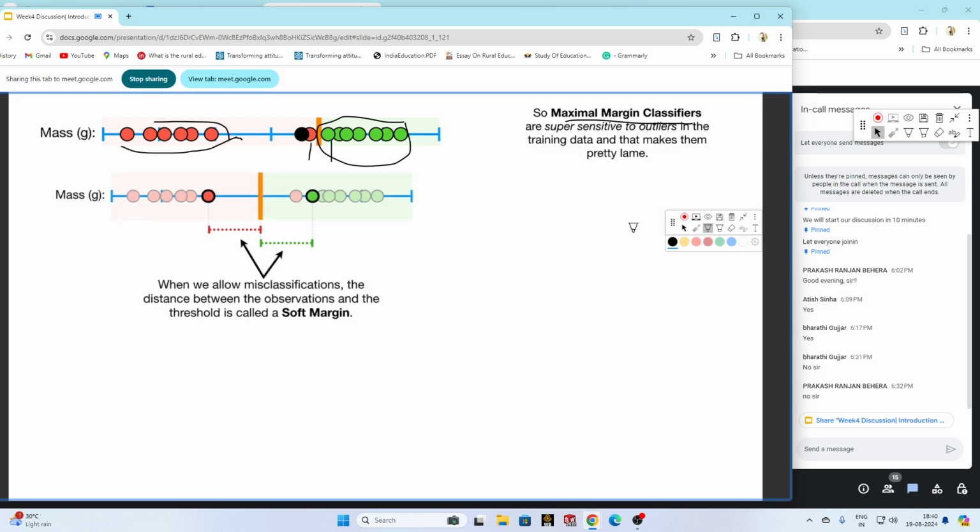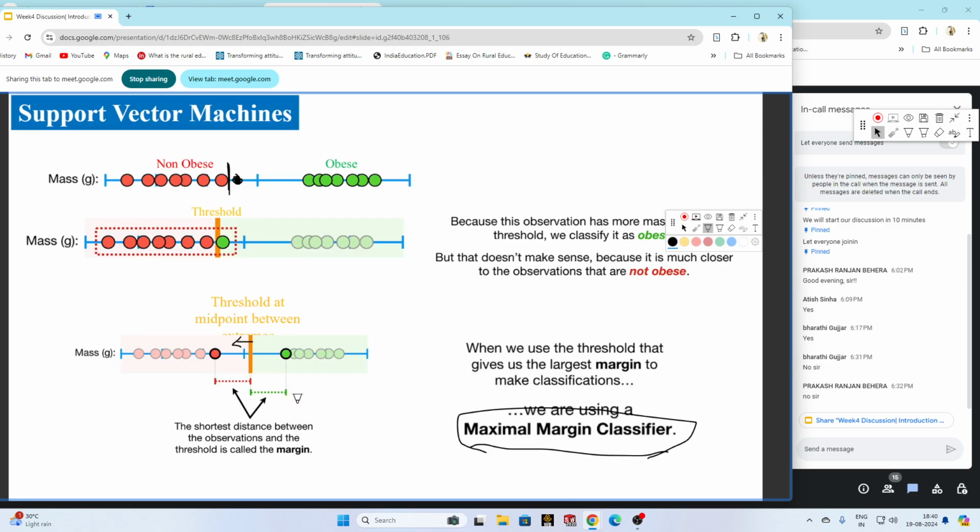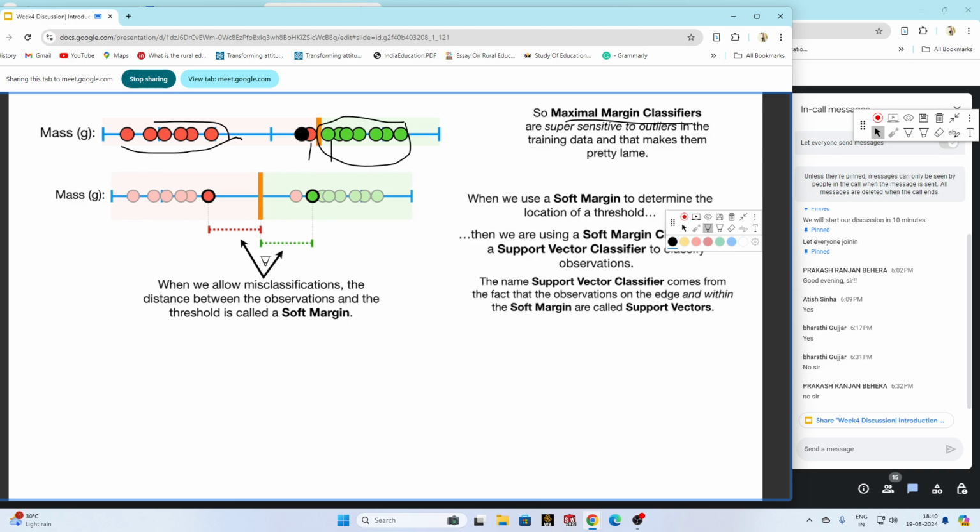Now to get rid of this, we allow misclassification in our margin. Whenever we allow misclassification in our margin, we call it a soft margin. Earlier we called this just the margin.